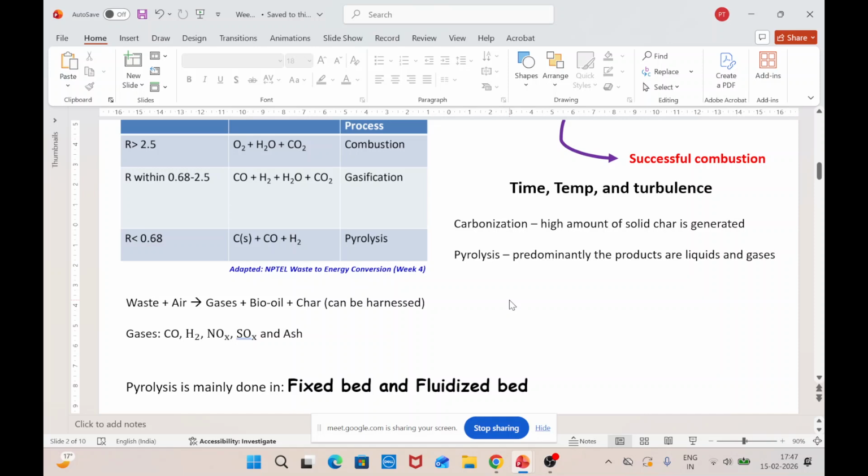The correlation becomes difficult. So in order to make life easy, you need to go for certain processes to make the feedstock uniform.